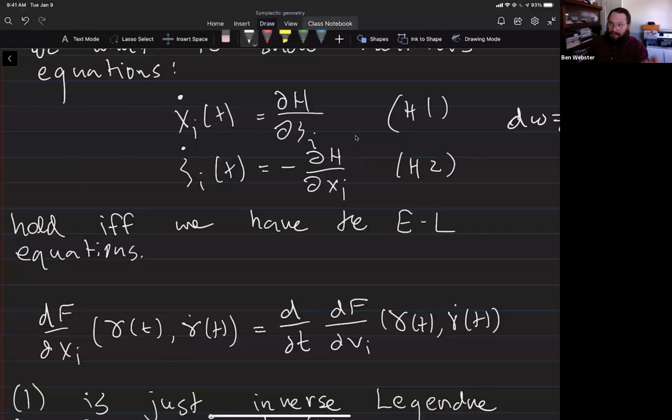And I'm saying, oh, that's the same as the velocity vector of my curve. That's just the inverse Legendre transform. So I'm now applying the Legendre transform with respect to h, and it's sending the momentum back to the velocity.